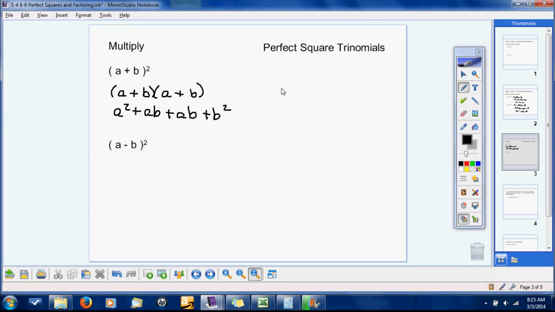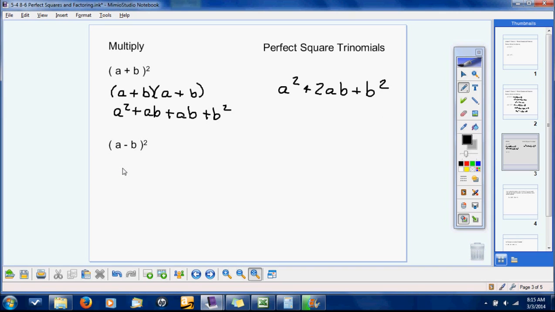And what that gives me is a squared plus 2ab plus b squared. So a plus b squared equals this as a general template.